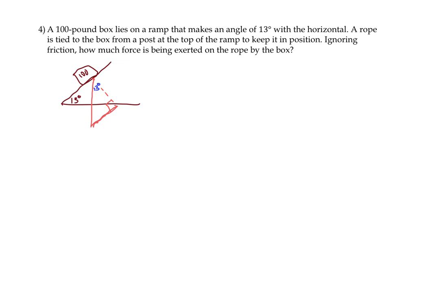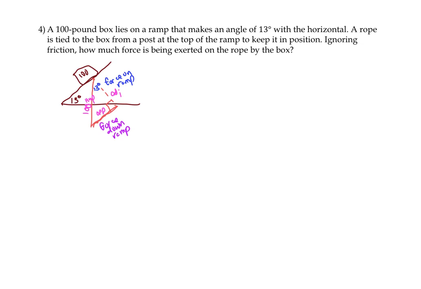And I'm going to be looking for, here is the force on the ramp. And over here, this is the force down the ramp. I also know from earlier this year, this is the opposite side, this is the adjacent side, and of course this is always the hypotenuse. And that's where the 100 is.